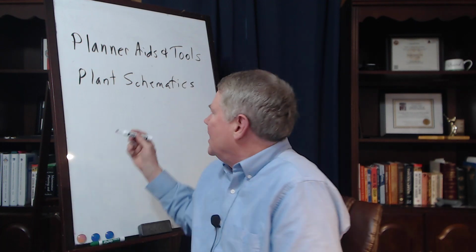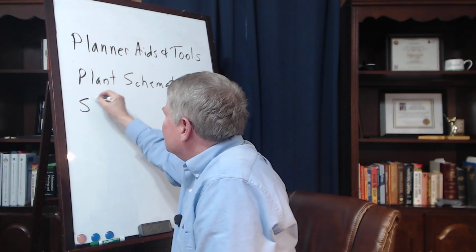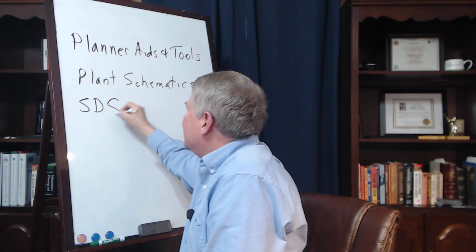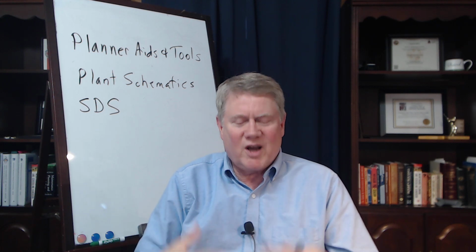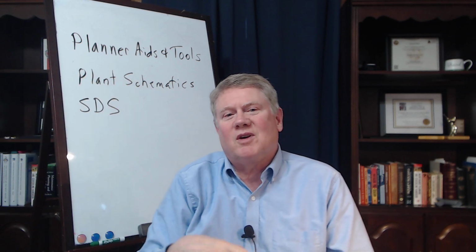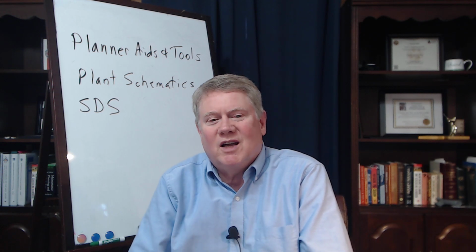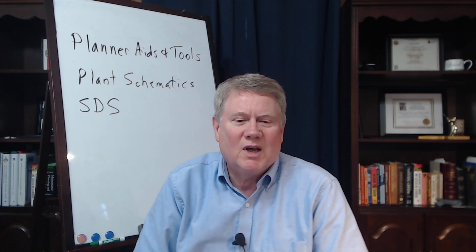Safety data sheets, used to be material safety data sheets, MSDSs. Typically, everybody in the plant is trained on how to use these, paper, electronic, they're in different places around the plant. And as a craftsperson, you're expected to be able to go find the safety data sheet for whatever you're working with.